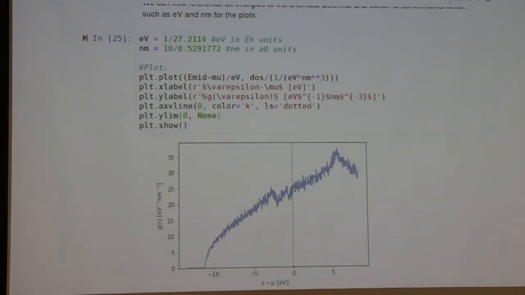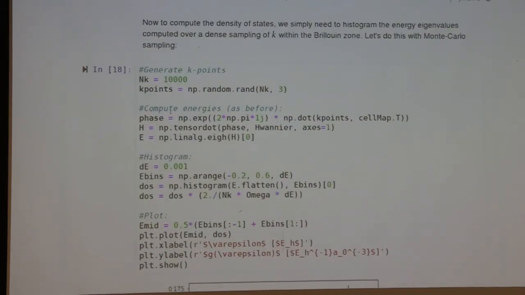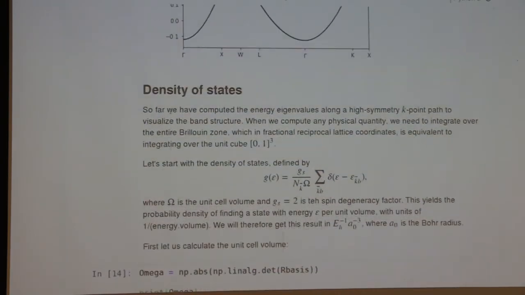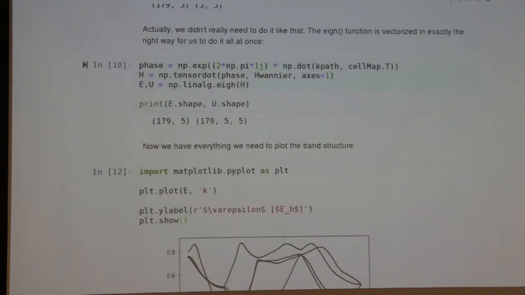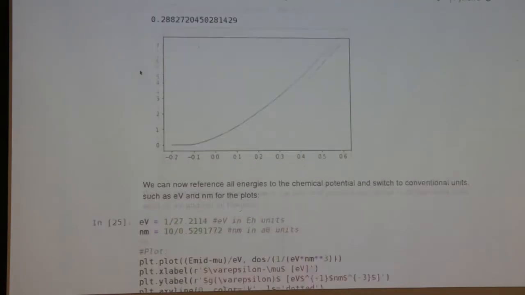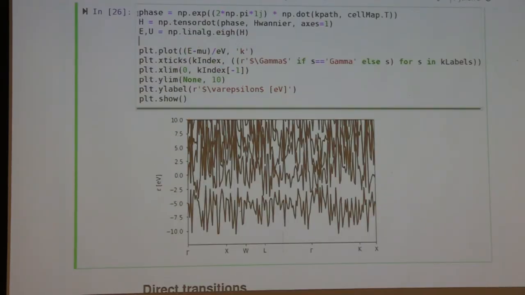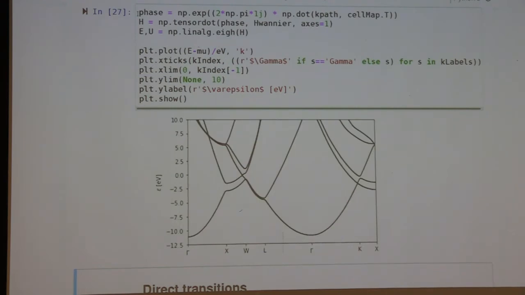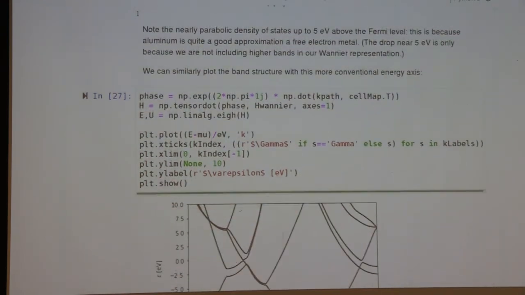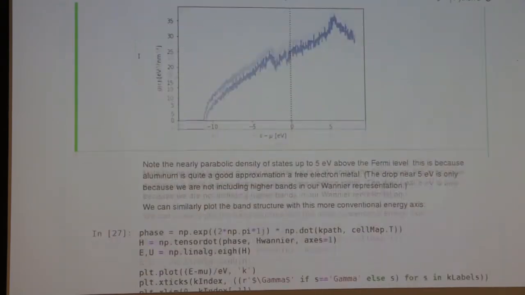That would be because I overwrote my energies during the DOS calculation. So if I want to plot the band structure again, I would need to recalculate the energies here. And I'll similarly indicate the Fermi level to make things clear.